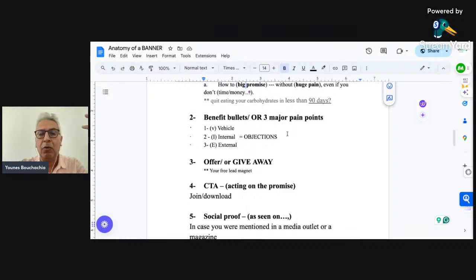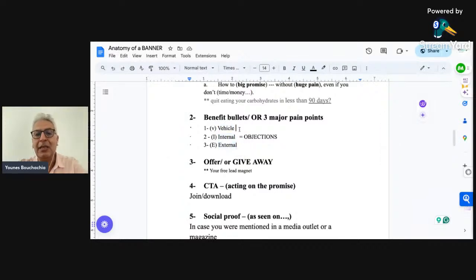Basically, pain points or benefits generally are in the form of objections. And objections, like Russell Brunson mentioned in his book, are layered, segmented into three ways: either inside a vehicle, inside an internal, or inside an external.